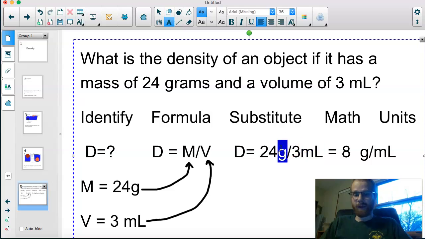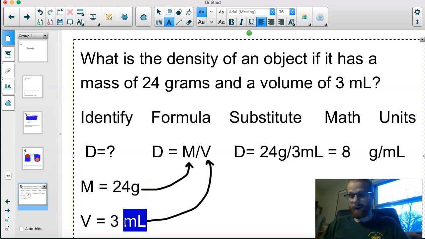That's extremely important. Including our units when we do our substitution lets us see what our units are when we get to the end. And knowing what units to put in our substitution step is a lot easier when we use our units in our identify step. In order to get full credit on the quiz, you need to show units anytime you write a number in one of these problems.